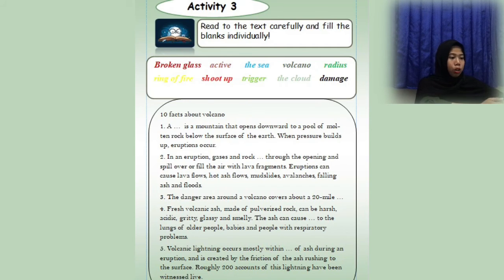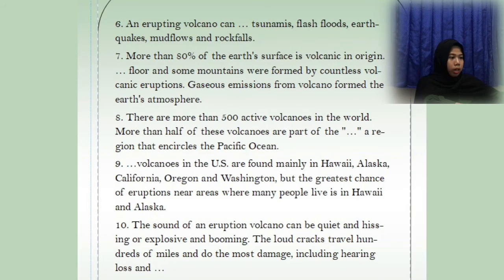Roughly 200 accounts of this lightning have been witnessed live. Number 6: An erupting volcano can blank tsunamis, flash floods, earthquakes, mud flow, and rock falls. Number 7: More than 80% of the Earth's surface is volcanic in origin.